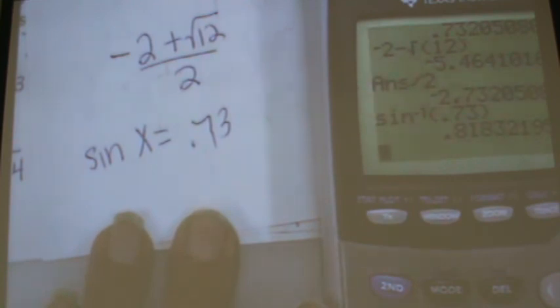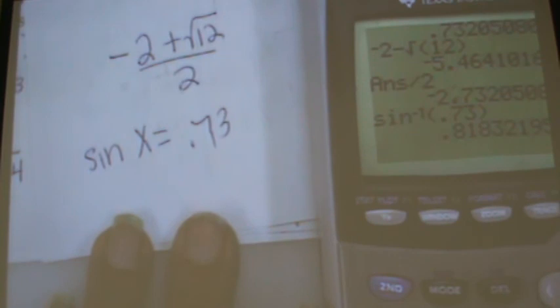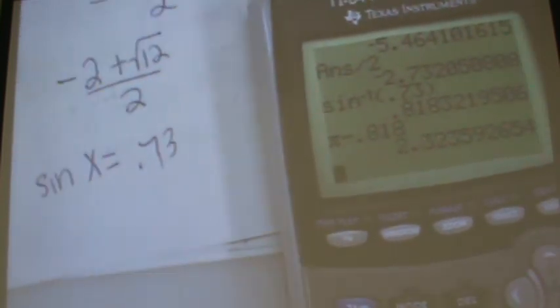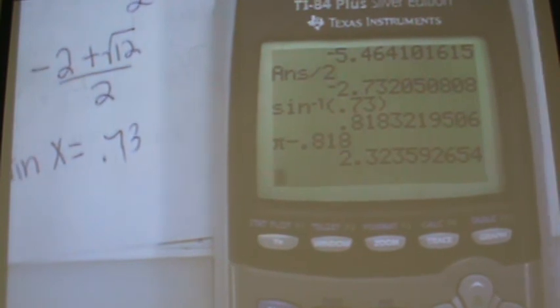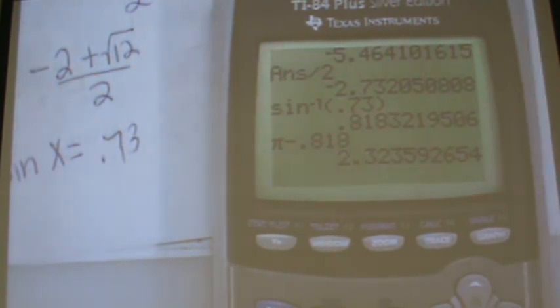That's one of the answers, and then how are you gonna get your other answer? Pi minus 0.818, and that's your other answer, because you're in quadrants 1 and 2, because 0.73 is a positive number.